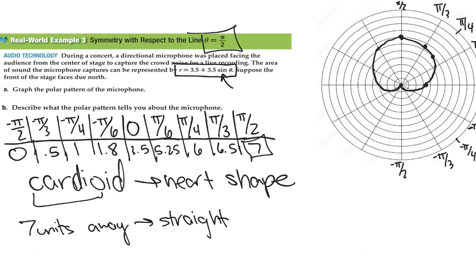So straight looking out, say this is the stage, and that's the microphone, so that'll pull out 7 units away, depending on what your units are. And then it's going to go 3.5 right and 3.5 left. And that's all we have to do for this one.